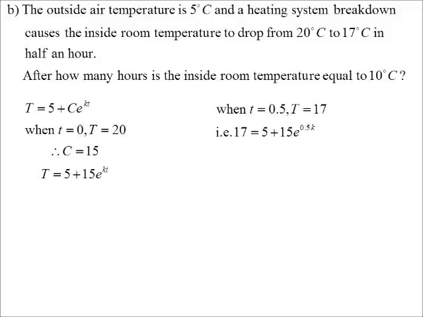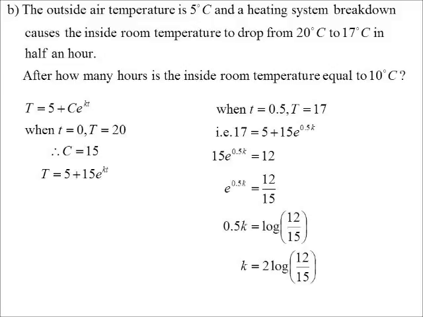So when t is 0.5, capital T is 17. So 15e^(0.5k) is equal to 12. Playing around with that to make k the subject, and there it is. k is 2 log(12/15). Again, it's a decay one, because we know that's the log of a number smaller than 1.